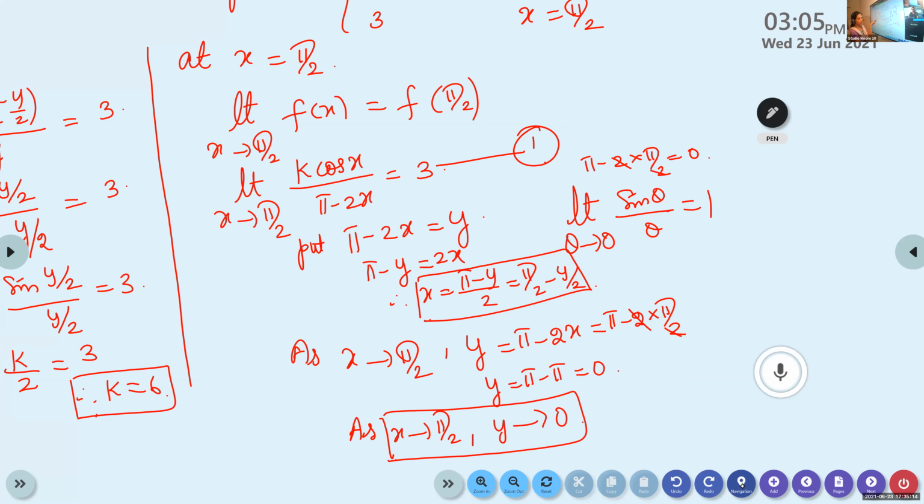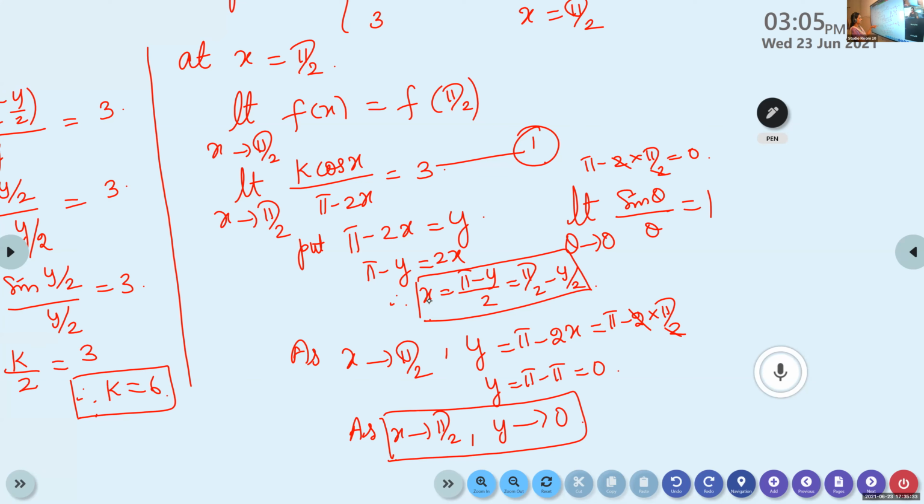Actually, the given problem is in terms of x, but as we are not able to find the limit in terms of x, we are converting it into y. So we take the denominator pi minus 2x as y, and x is pi by 2 minus y by 2. Accordingly, the limit also will change.